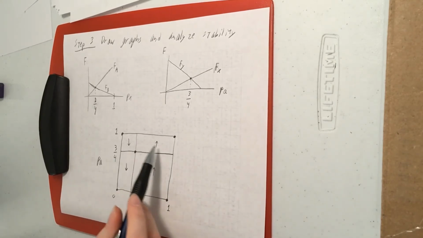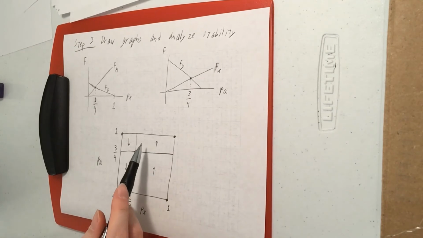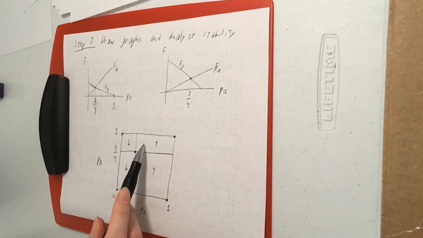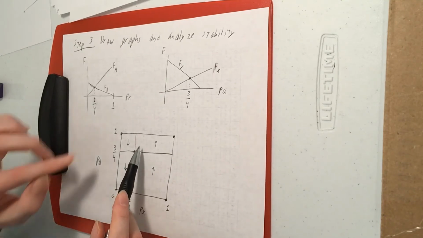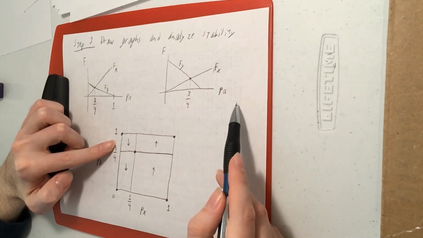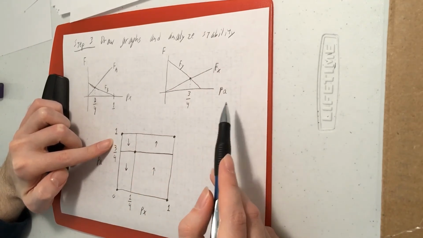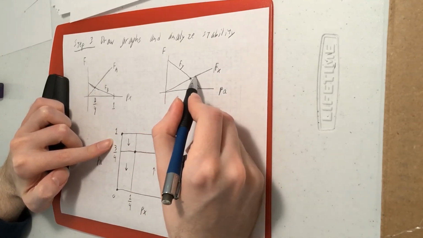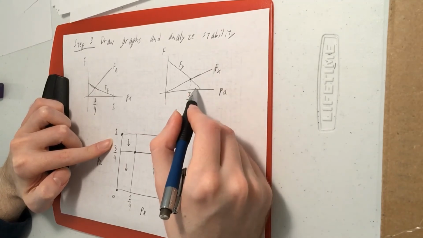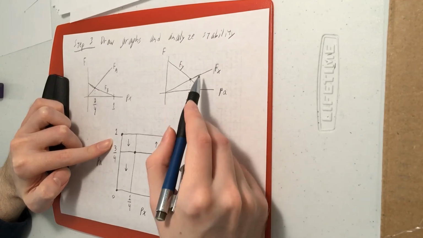Over here when PA is high. So when PA is above 3/4 and PA is getting close to 1, our graph over here is going to tell us what's happening. When PA is big, then the X types are more fit than the Y types.